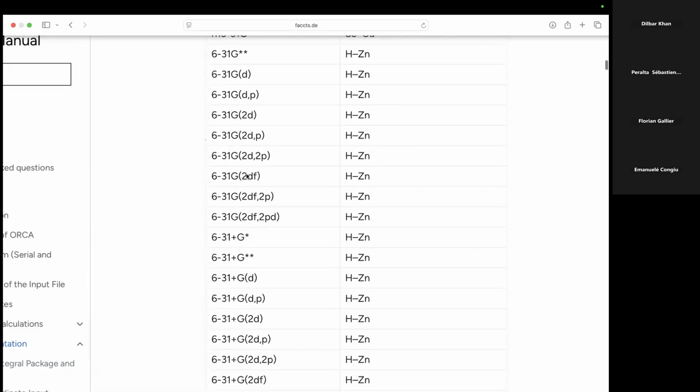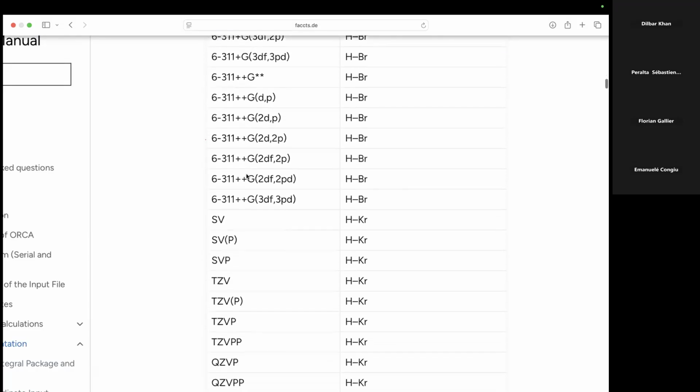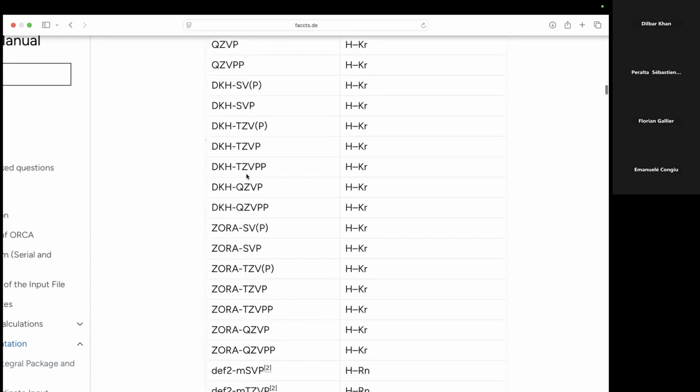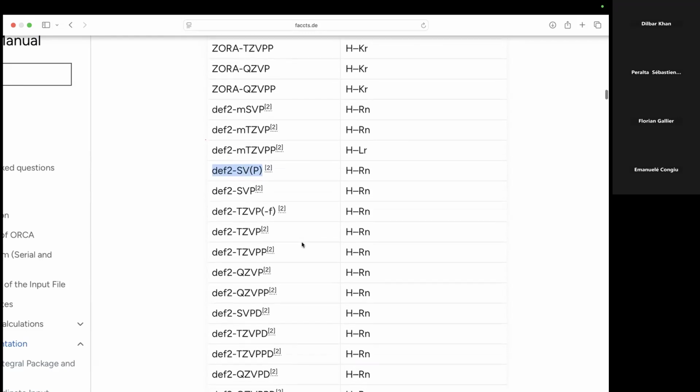But my recommendation nowadays is to use triple zeta basis sets like def2-TZVP. These basis sets give much better results. If you can use triple zeta basis sets, it's much better.